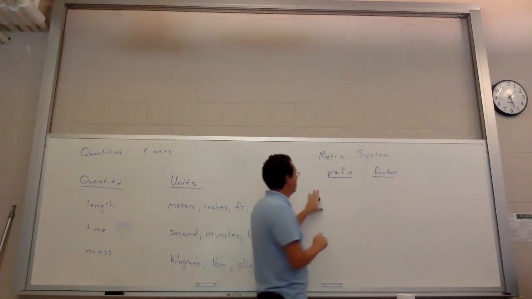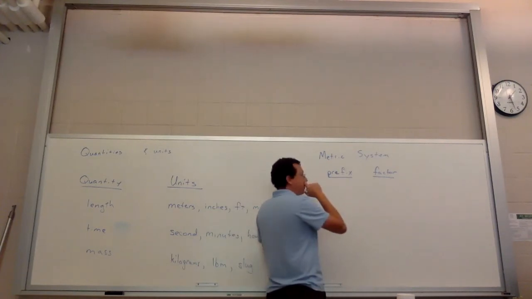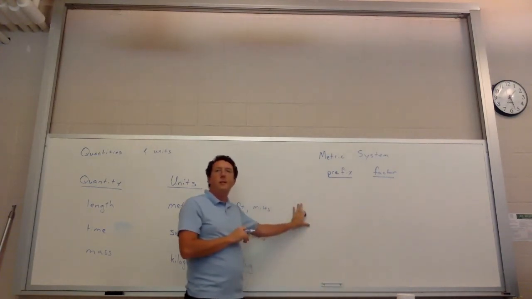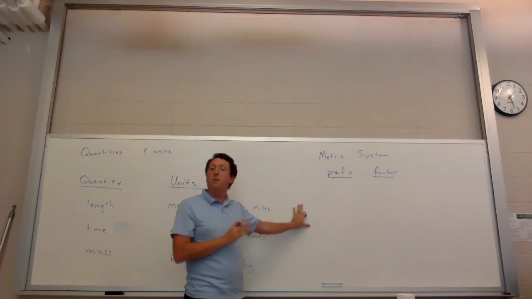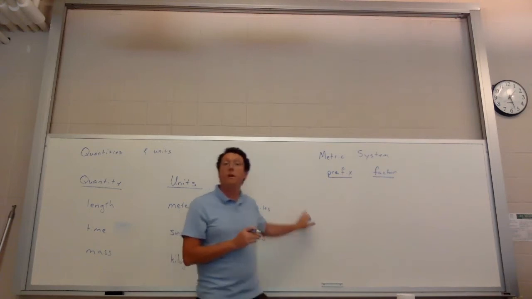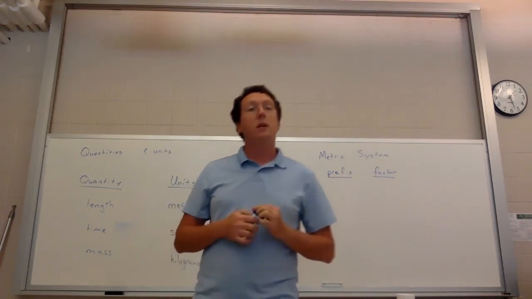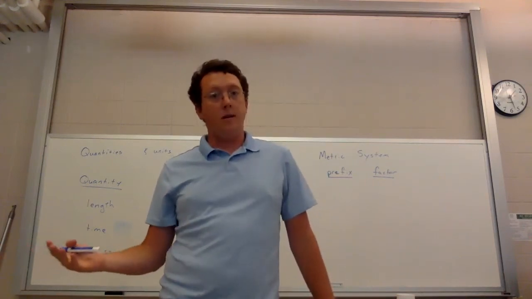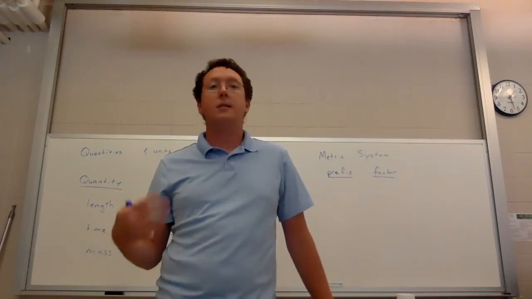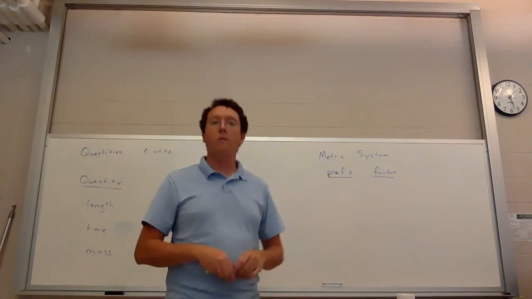You can kind of see. So, I suppose the biggest one you might have heard of is we have hard drives. Computer hard drives are now in terabytes. Okay, tera is one of the prefixes.